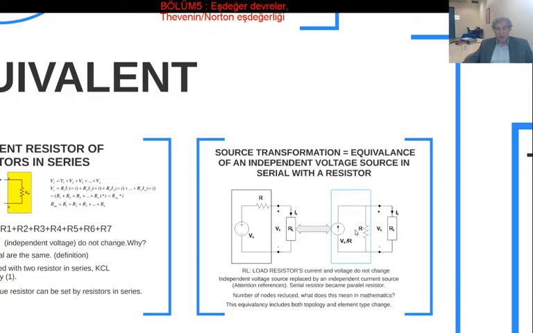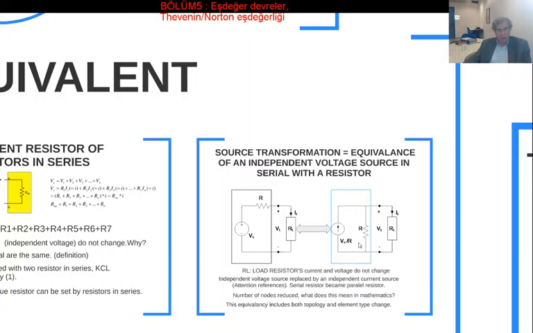The resistors are going to have the same values, but the independent voltage source is going to be replaced with an independent current source, whose current is equal to the voltage source voltage Vs over R. If you choose this independent current source value as Vs over R, and put that resistor connected to the terminals of the independent current source, we are saying that the RL load resistor current and voltage do not change, because the black circuit inside and the blue circuit inside are equivalent.